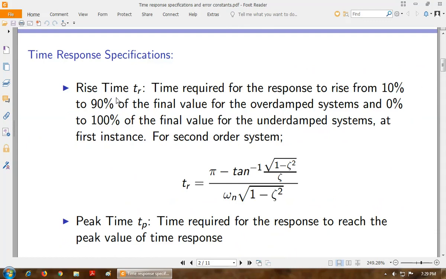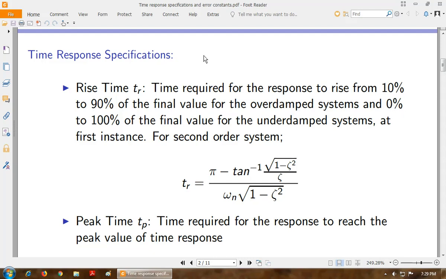Next parameter after the delay time is the rise time. It is the time required for the response to rise from 10% to 90% of the final value for the overdamped system. Please note this. Else, for an underdamped system, it is the time required from 0% to 100%.